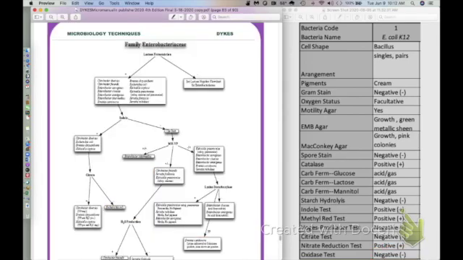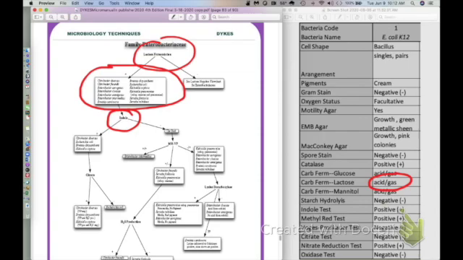Okay, the first one is the lactose fermentation. We look at carbohydrate fermentation, and lactose is acid gas, so that's a positive. That means we're one of these species. Then the next test is the indole test, and that one is positive.